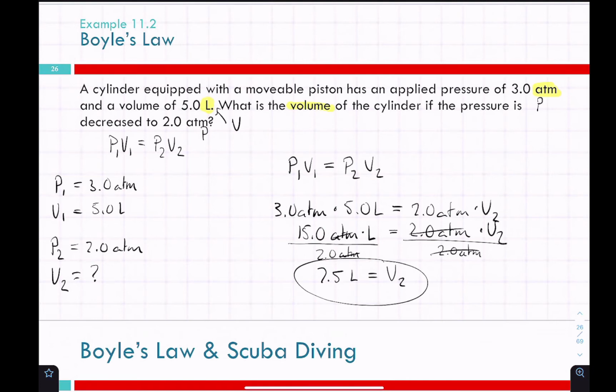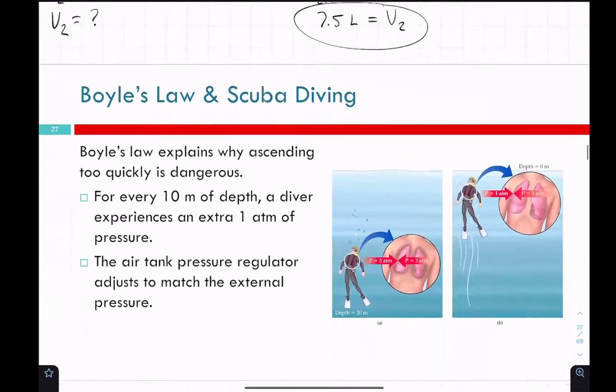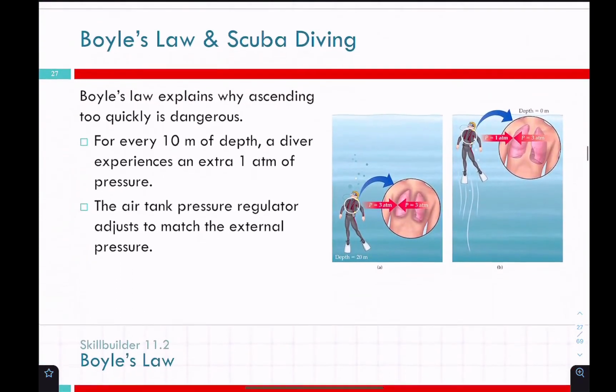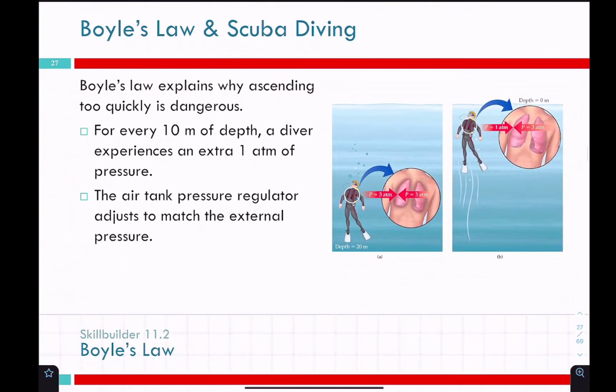All right. What makes gas laws hard is having so many different equations. So Boyle's law also explains for divers why ascending too quickly is dangerous. Because for every 10 meters of depth, a diver experiences an extra 1 atmosphere of pressure.